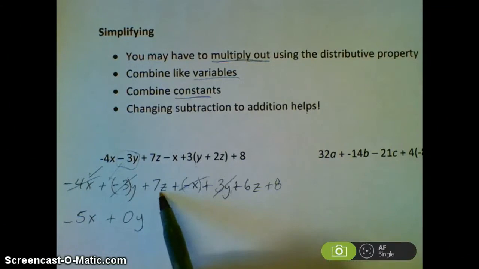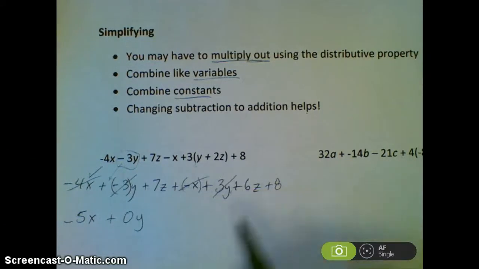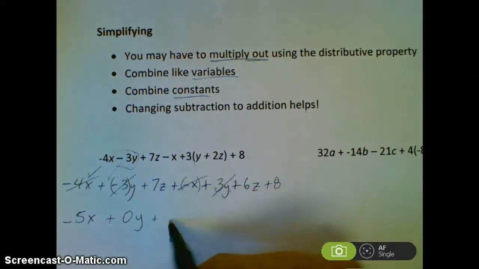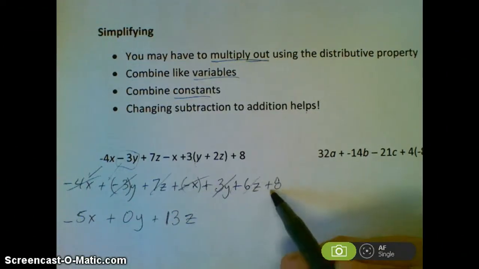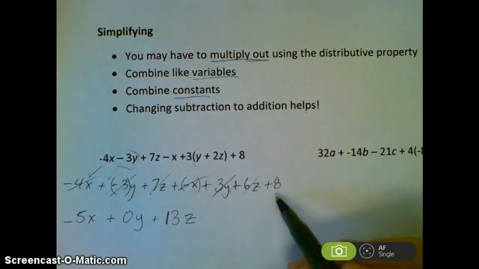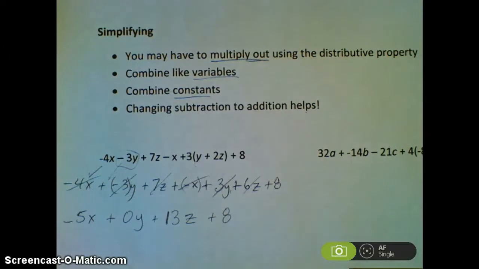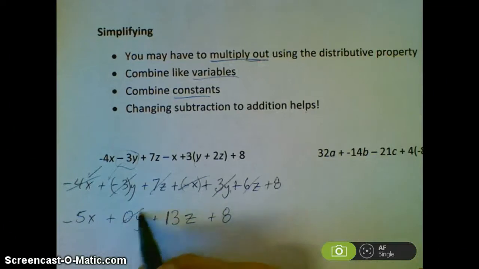I've got 7z plus 6z, so 7 plus 6 is 13. That means I have 13 z's. Cross those out, and I'm left with positive 8, so that plus 8 comes down. Now I'm actually going to eliminate this. I want to simplify.